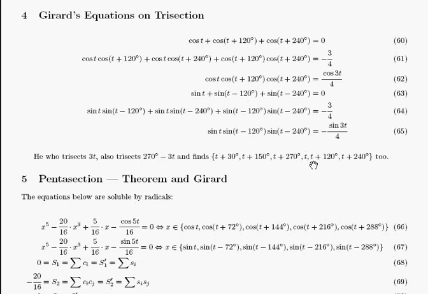We will find 20 plus 120, 140, 20 plus 240, 260. 20 plus 30, 50, because it's the complement. 20 plus 150, 170 is also a complement, and 20 plus 270 is also a complement.